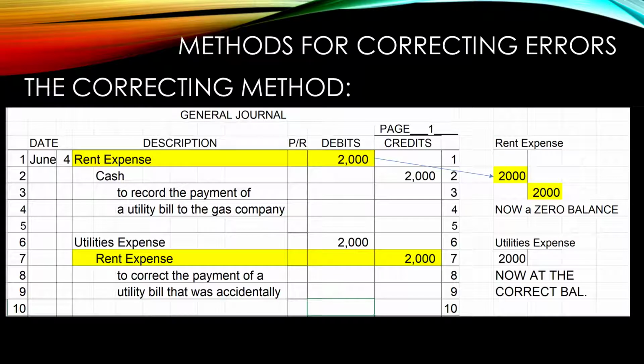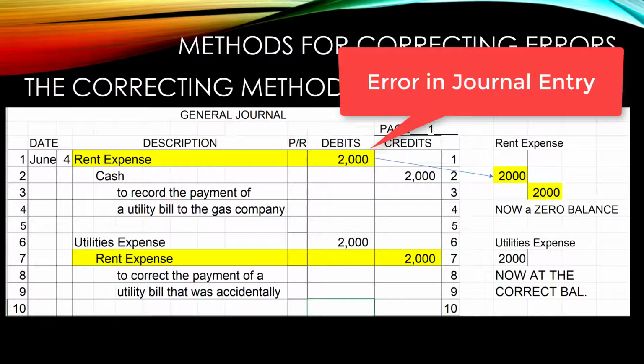The correcting method can be used after posting. The correcting method leaves a better audit trail than the previously described method. So in this case, as in the last case, we made a payment of a utility bill to the gas company, but we accidentally debited rent expense.